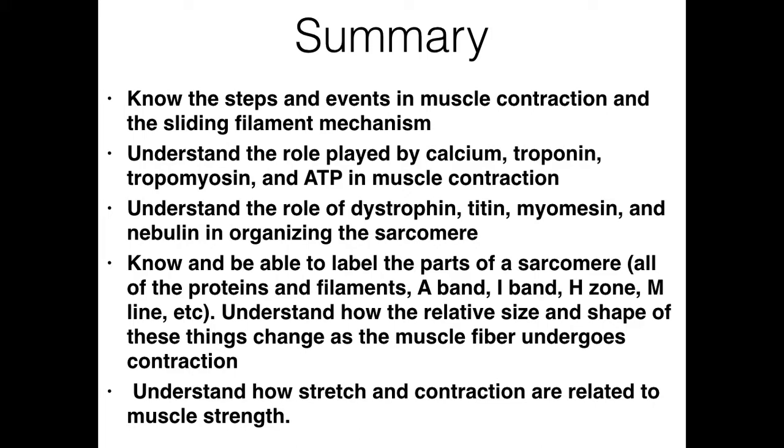You need to know how the calcium troponin tropomyosin system works. When calcium is present, troponin moves tropomyosin off the actin binding groups, allowing myosin to bind to actin. I know that there's a whole bunch of complicated words here. Use them repeatedly, write them down, you'll eventually remember them.